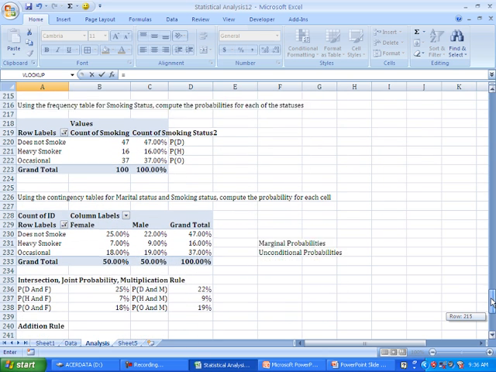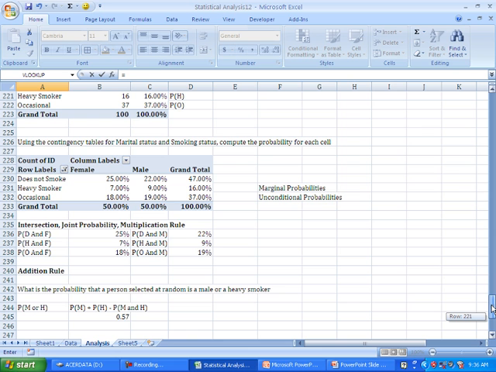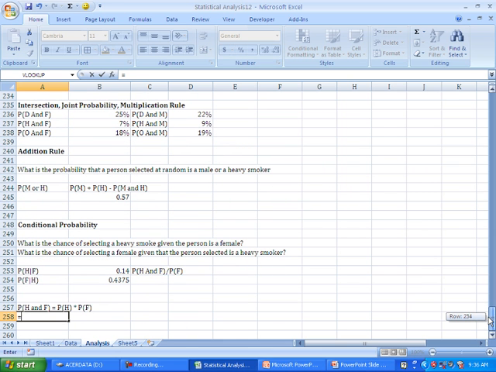The probability of H is 16%, the probability of F is 50%. Okay, so 16% into 50% has come out to 0.08, whereas when we look at the intersection H and F, we got it as 7%.